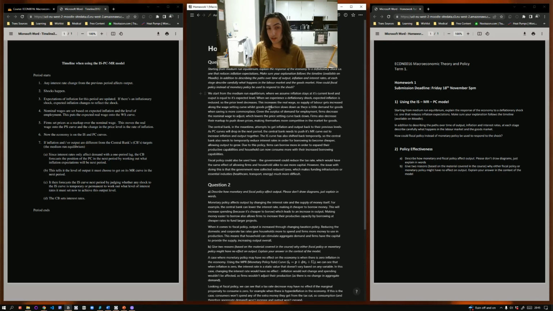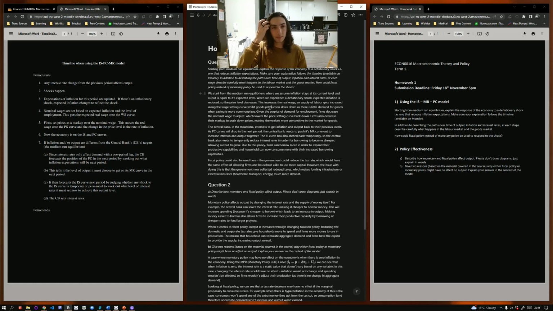Because there's deflation, this raises the real wage rate, because real wage is determined by wage over the price level. So if the price level is going to drop, the real wage is going to expand. So the supply of labour is increased, and the wage setting curve is going to go upwards.